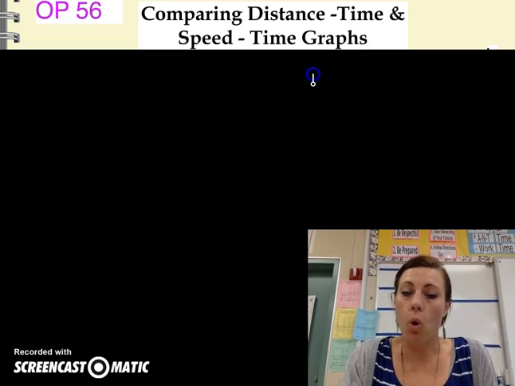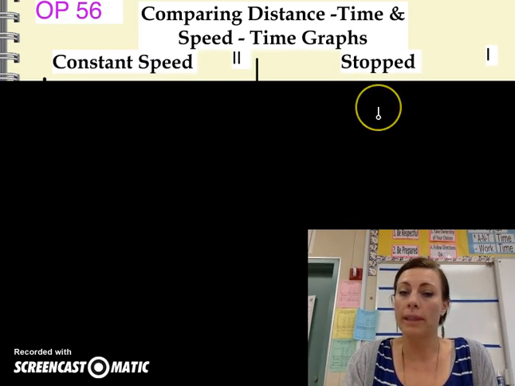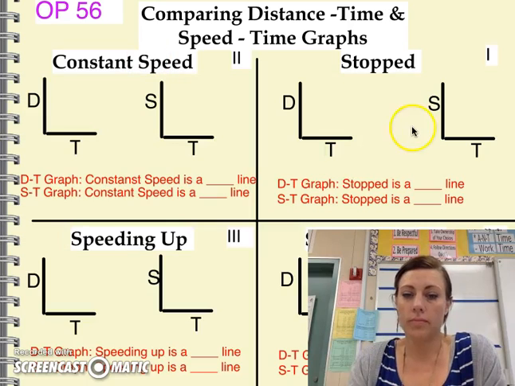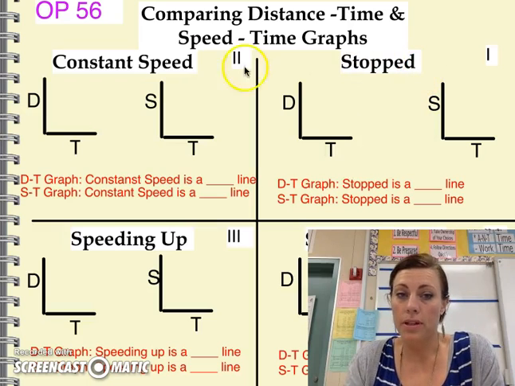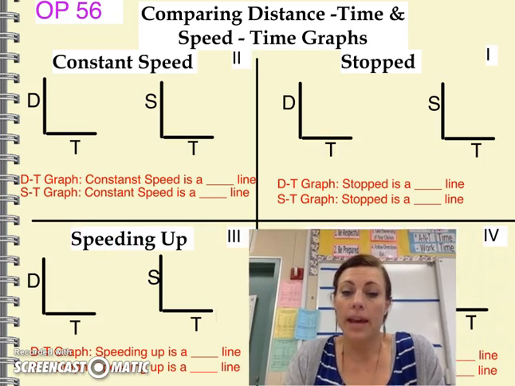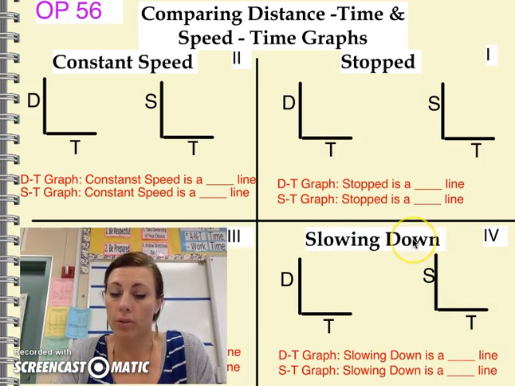Then label each quadrant. Quadrant 1 will be labeled stopped, quadrant 2 constant speed, quadrant 3 speeding up, and quadrant 4 slowing down.